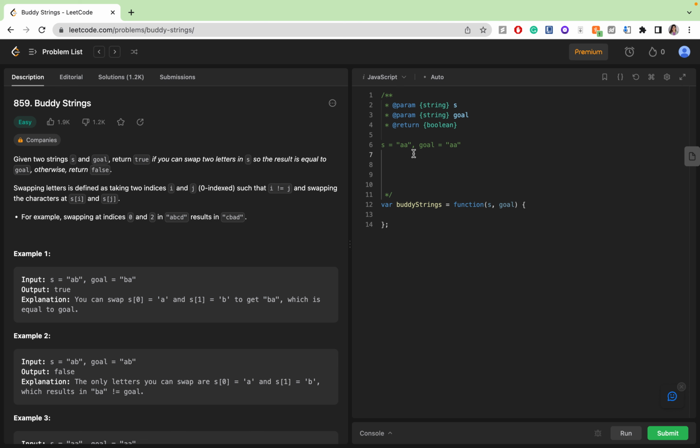I need to swap two letters. Suppose there is shoba, and here there are so many letters, right? There are five letters, and I can swap so many things. Interesting.